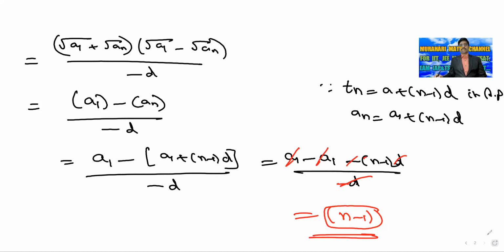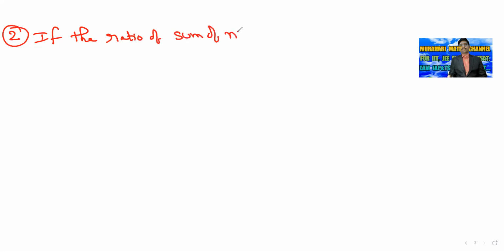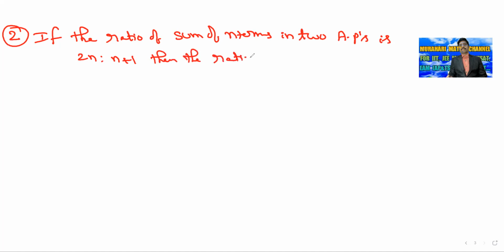Okay, now I am going to explain question number 2. If the ratio of the sum of n terms in two arithmetic progressions is 2n to n plus 1, then find the ratio of their eighth terms.